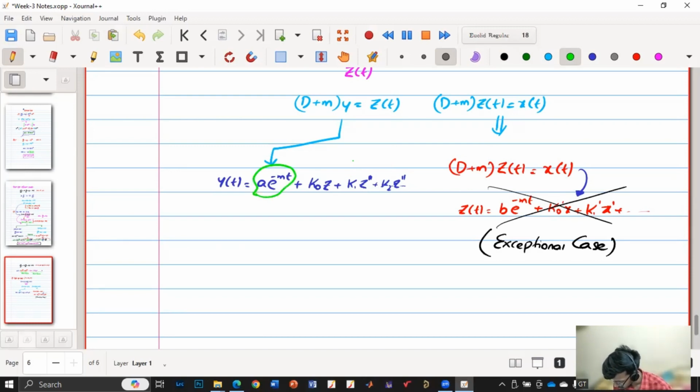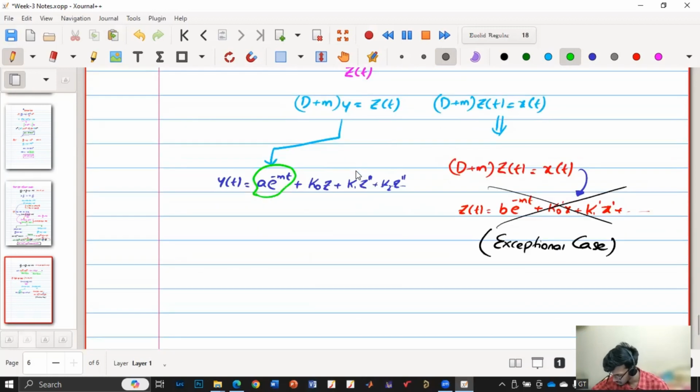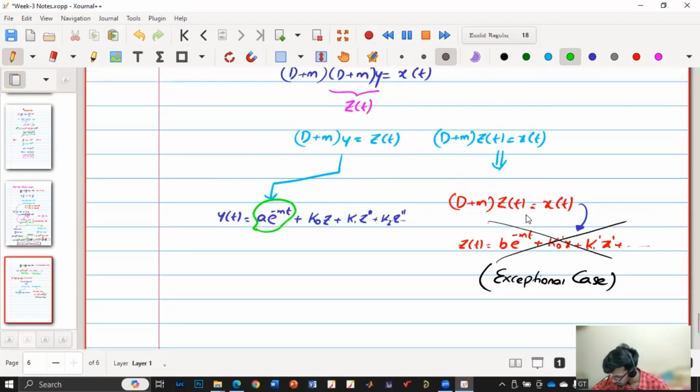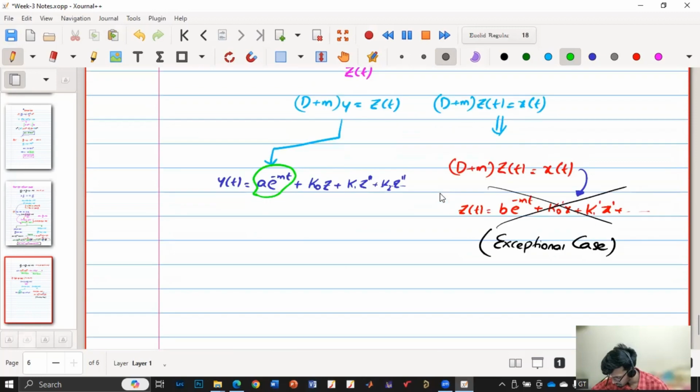No, sorry, I think I made a mistake, okay, this is fine. My z of t, first I have to solve for z of t and then come back to x of t. So this is the other way around. First I have to solve for z of t and then I have to solve for x of t.